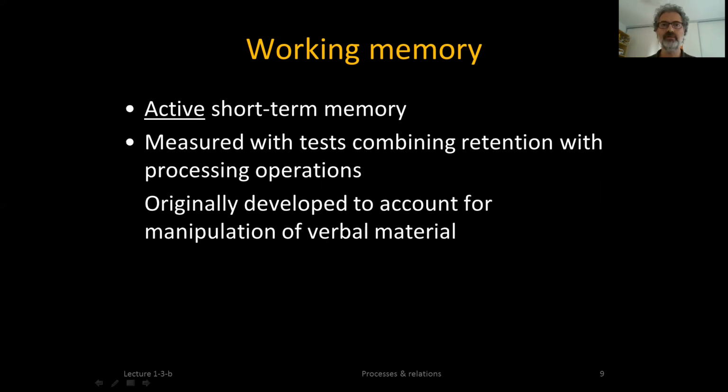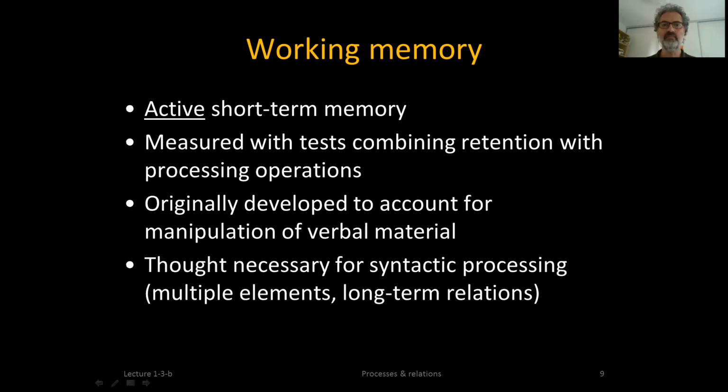These tests were originally developed to account for how different kinds of materials are retained and how their properties affect their retention. Working memory is generally thought to be necessary for syntactic processing because to process the syntax, you need to both remember the words in a sentence and process their meanings depending on their relations to one another.